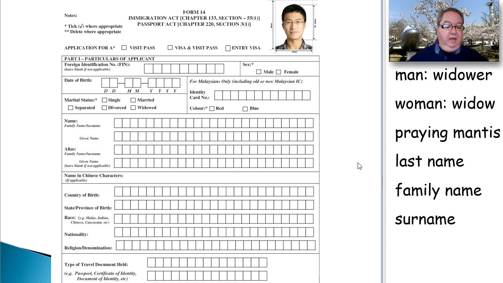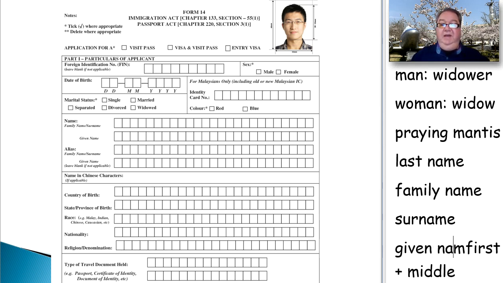You will write that with one letter in each box, in block letters, all capital letters, okay? Given name is your first plus middle name, okay? That's the name your parents gave you.